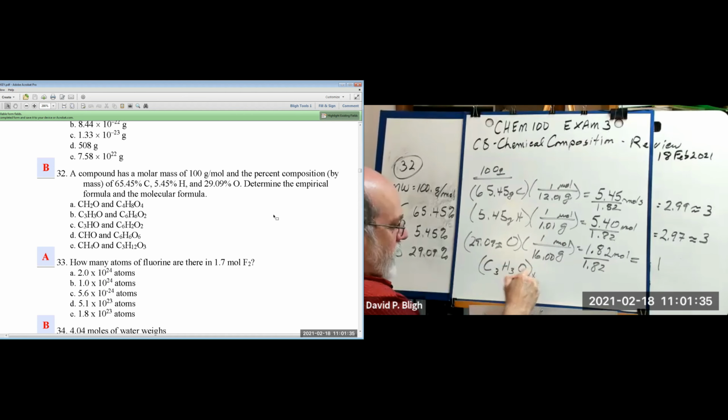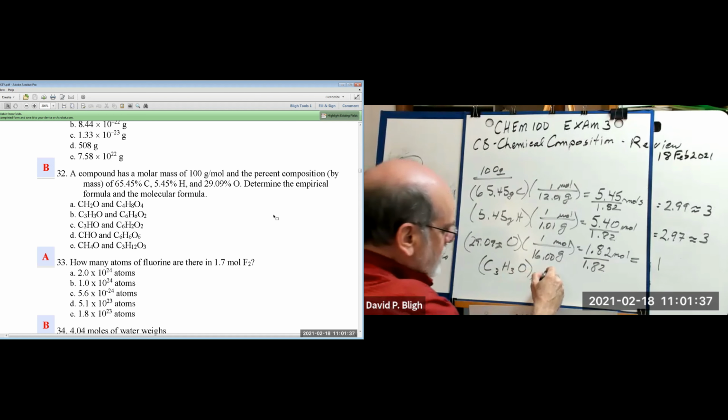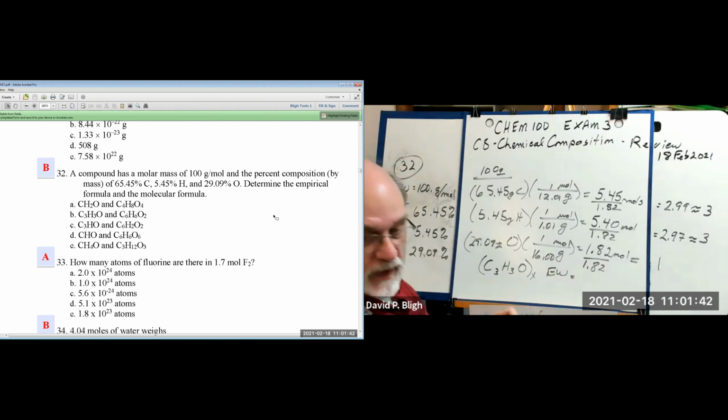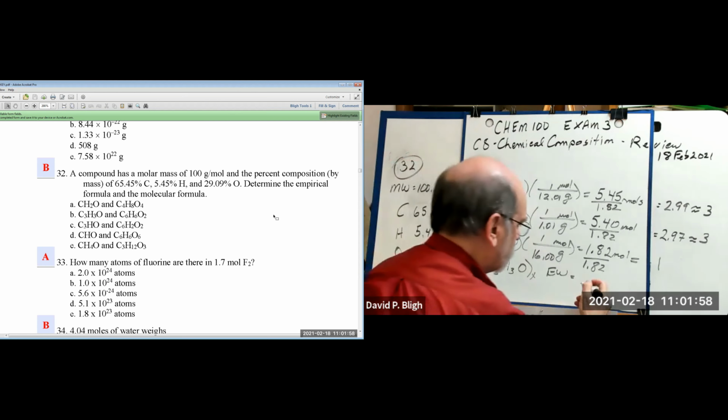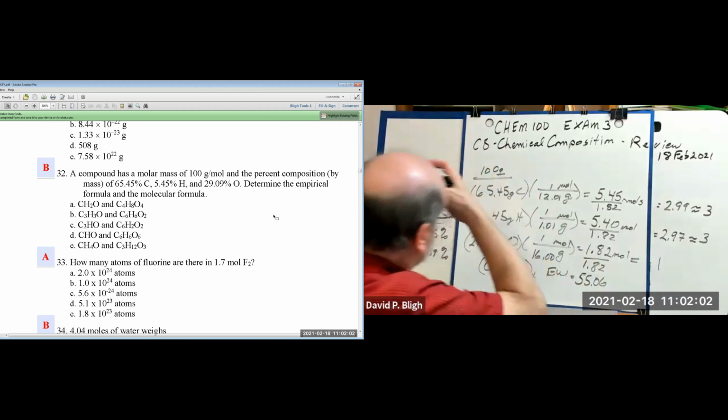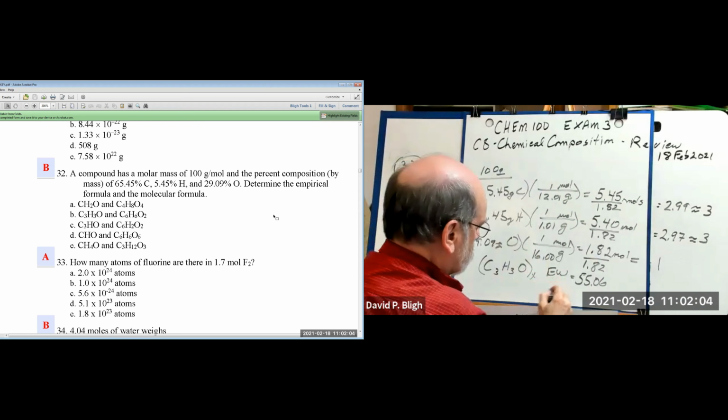We need the multiplier. So what's the empirical weight here? Well, 3 carbons, 12.01, and 3 hydrogens, 3.03 is that one, and 1 oxygen, 16. So that's 55.06. And this one is 100.